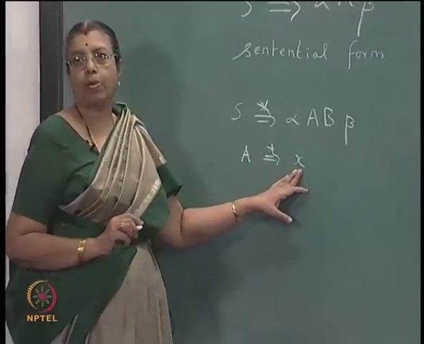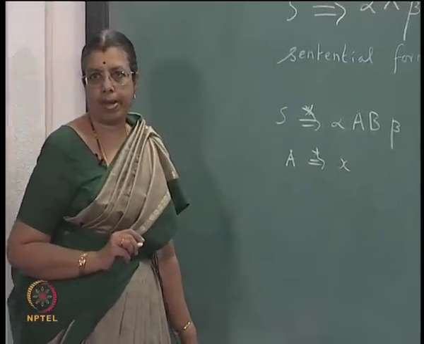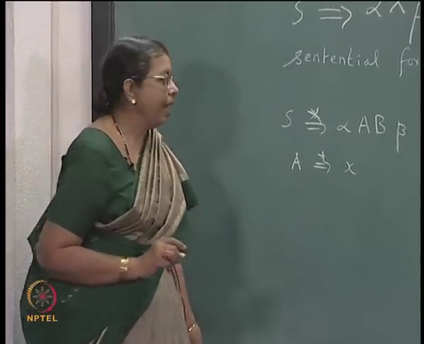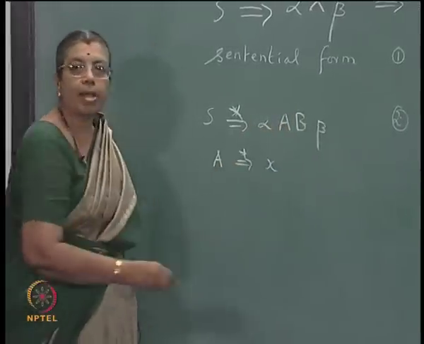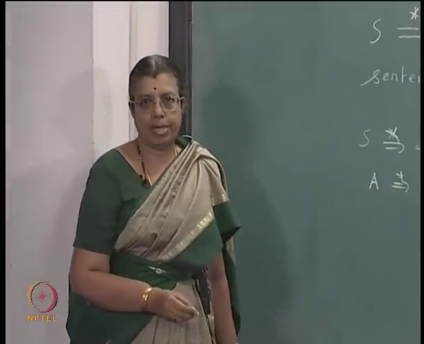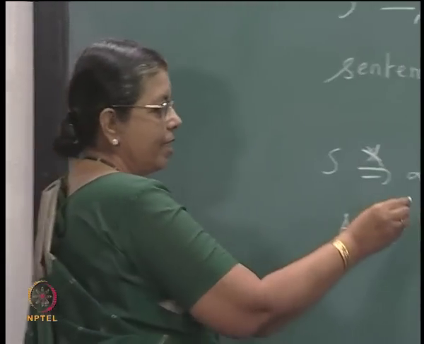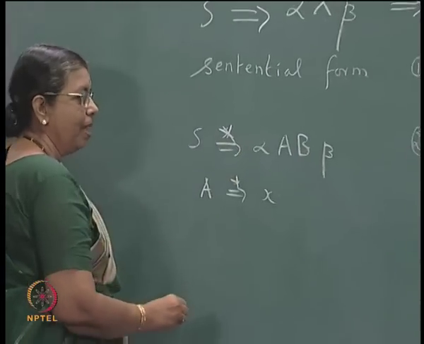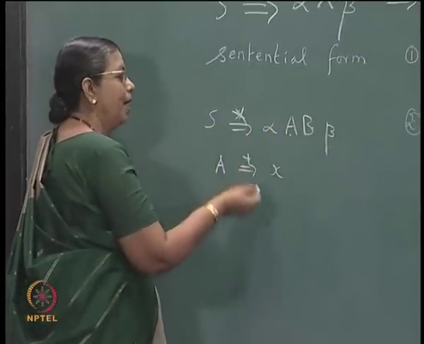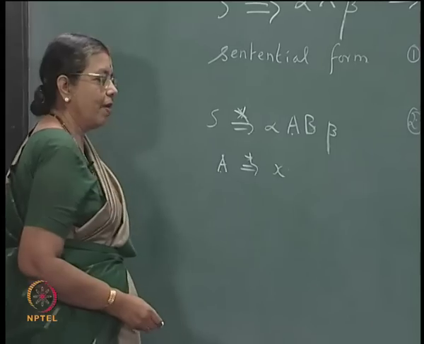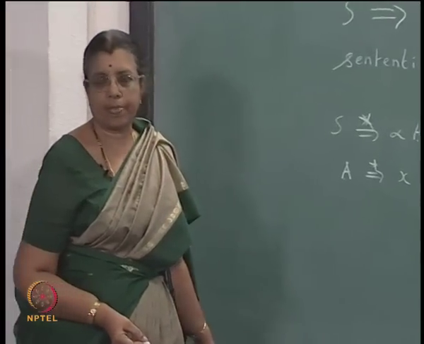Both conditions are satisfied, right. But it may so happen that from B you may not be able to derive a terminal string. If you are not able to derive a terminal string from B, then even though A is reachable and you can derive a terminal string from A, A is useless.